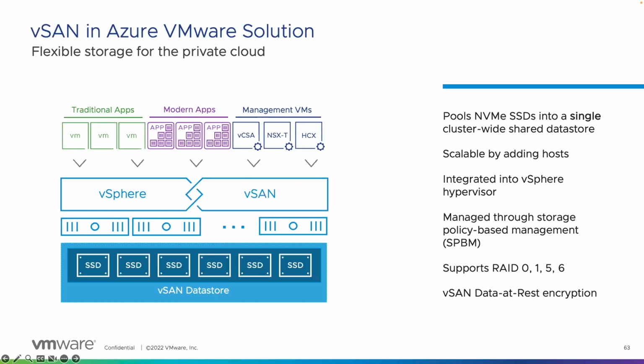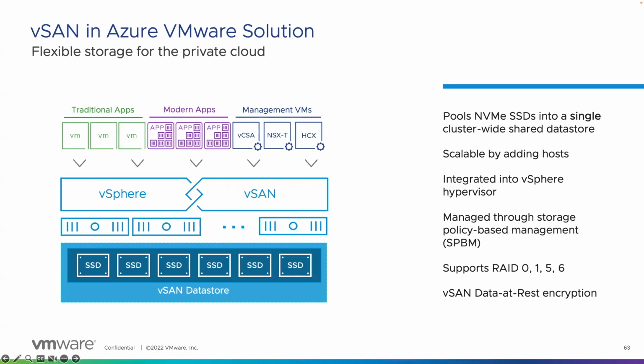The hosts that come with AVS use NVMe drives, and we aggregate all of the drives within the cluster and present this to the cluster as a single data store, and that single data store is called vSAN. So the more hosts you have, the more storage you're going to have available, and you can create your storage policies and get these applied at the VM level, including things like your RAID configuration and failures to tolerate.